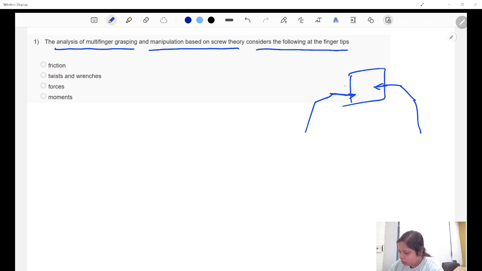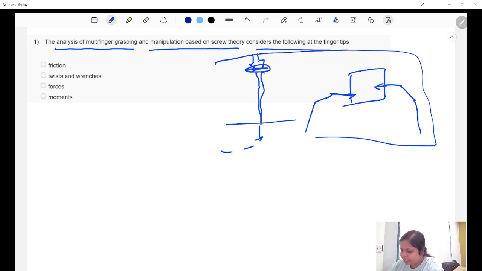Or in screw theory, this is your wall and you have a screw, you place the screwdriver here and try to push it into the wall. Both are based on the same theory, and when you analyze them, we need to see what they consider at the fingertips. Is it the friction? Is it twists and wrenches? Is it forces, or is it moments? Any guesses on the answer?